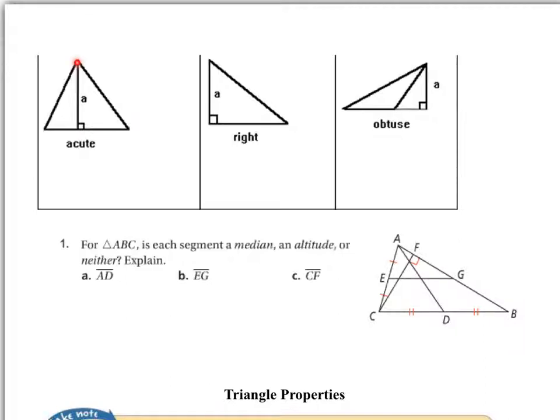In an acute triangle, it's going to be straight down here. There's your 90-degree angle. In a right triangle, it's actually going to be the side here because that forms a 90-degree angle. And in an obtuse triangle, it's not even going to be in the triangle, it's going to be outside, forming a 90-degree angle.